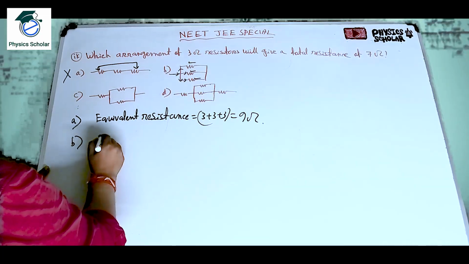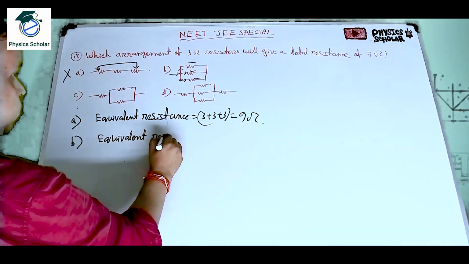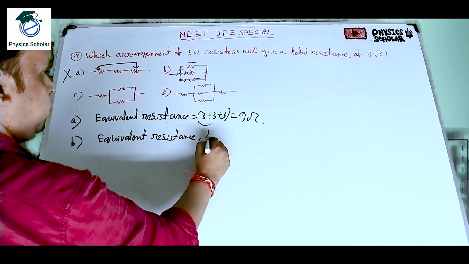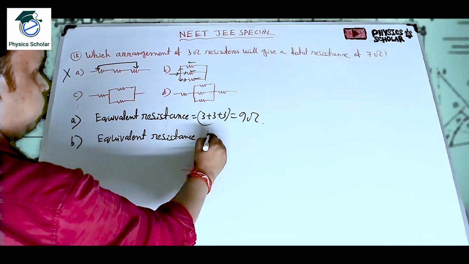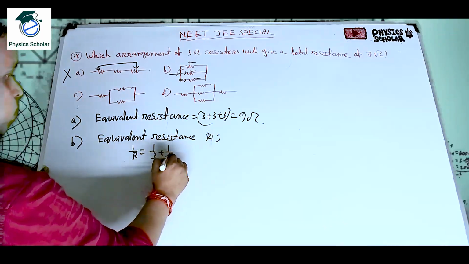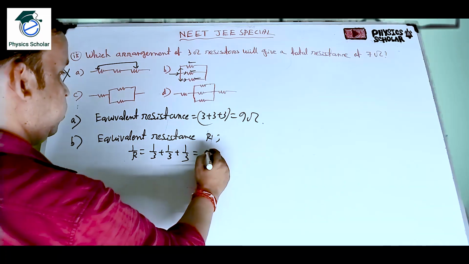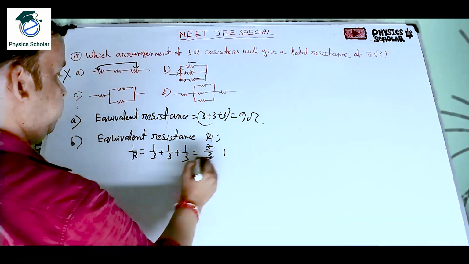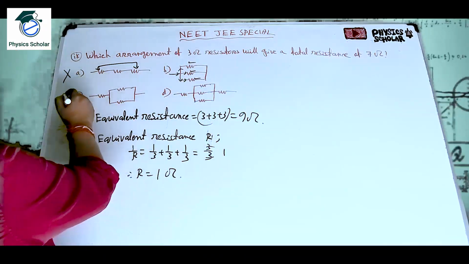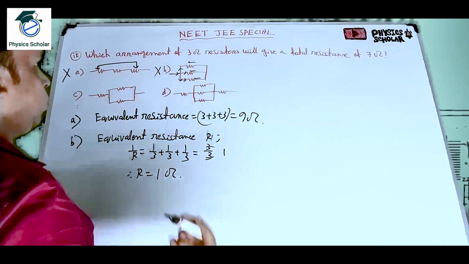So for the equivalent resistance, 1 by R is equal to 1 by 3 plus 1 by 3 plus 1 by 3, which is equal to 3 by 3, that means 1. So R is equal to 1 ohm. It is 7 ohms given, that means option B is also not correct, clear?